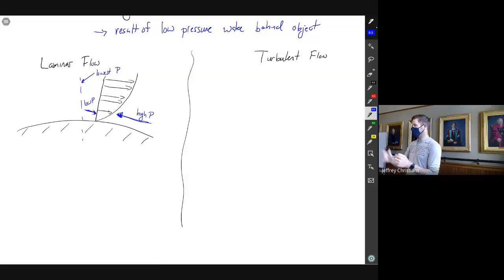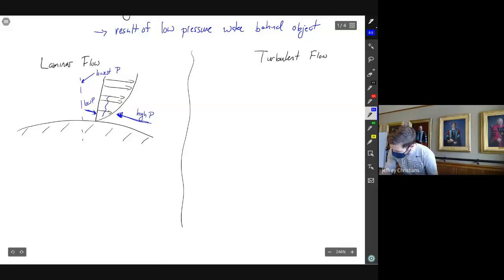But the fluid right at that surface is moving very slowly. So it slows down and can actually turn around and flow the other way if there's not something continuing to move it forward. So in laminar flow, what's continuing to move that fluid at the surface forward is the diffusion of momentum by viscosity.